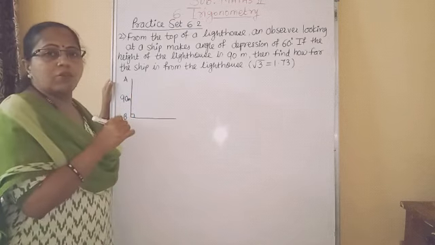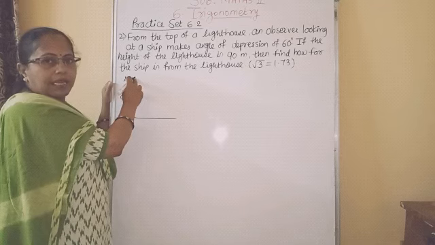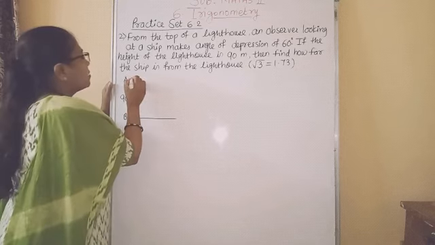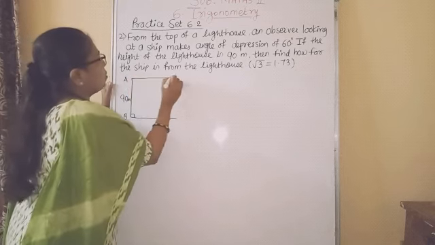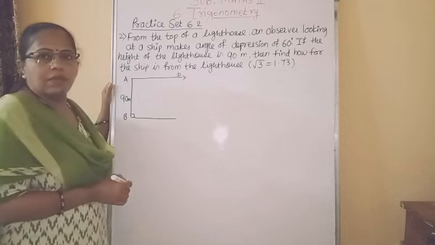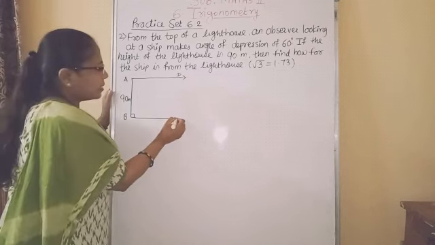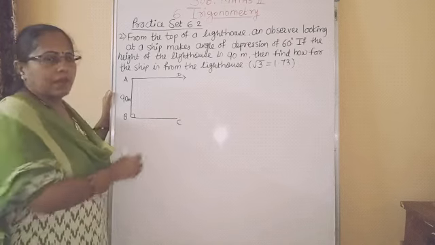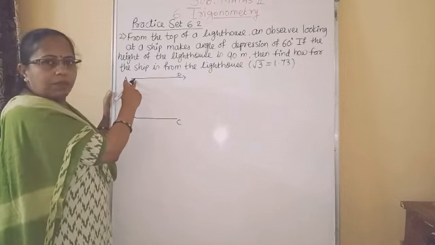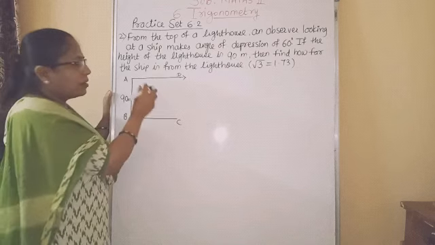Okay. Now where is the observer standing? The observer is standing at the top of the lighthouse. So first we will draw his horizontal line of vision. AD is the horizontal line of vision. And here is the ship. He is standing at the top of the lighthouse and now he wants to look at the ship.